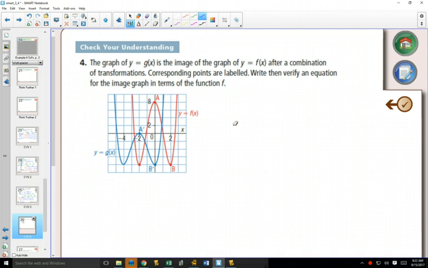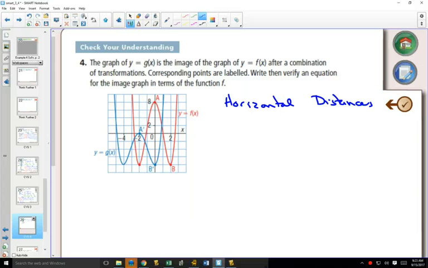So the difference in this question from the last one is there are stretches and compressions and also translations involved. So to figure out what happens, we first have to figure out what were the stretches and compressions that happened. And we do that by looking at the horizontal and vertical distances between points.